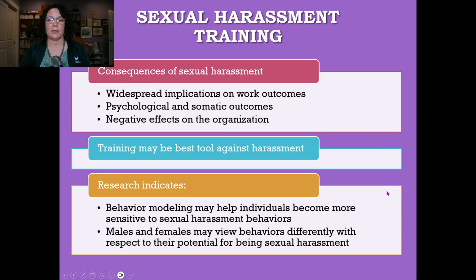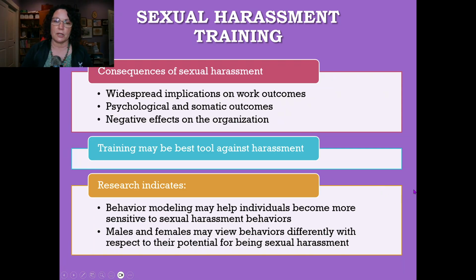Research indicates that behavior modeling may help individuals become more sensitive to sexual harassment behaviors if they can see some vignettes of people acting. It can help them recognize that what I thought was just a joke, or flirting, the receiver didn't see the same way.